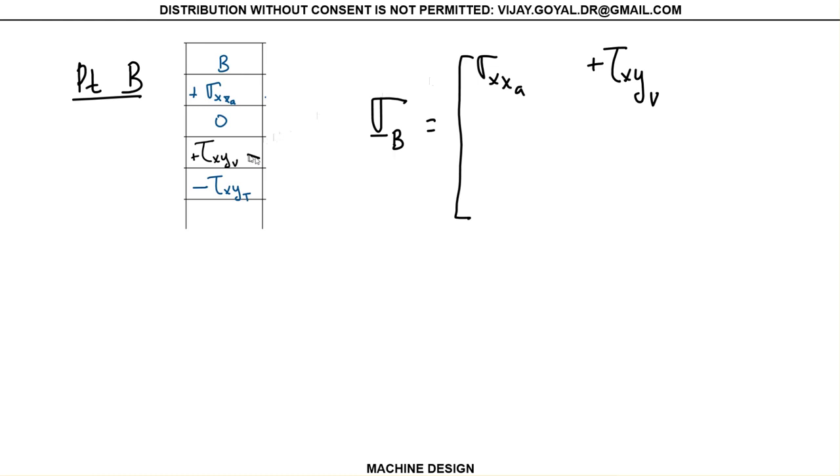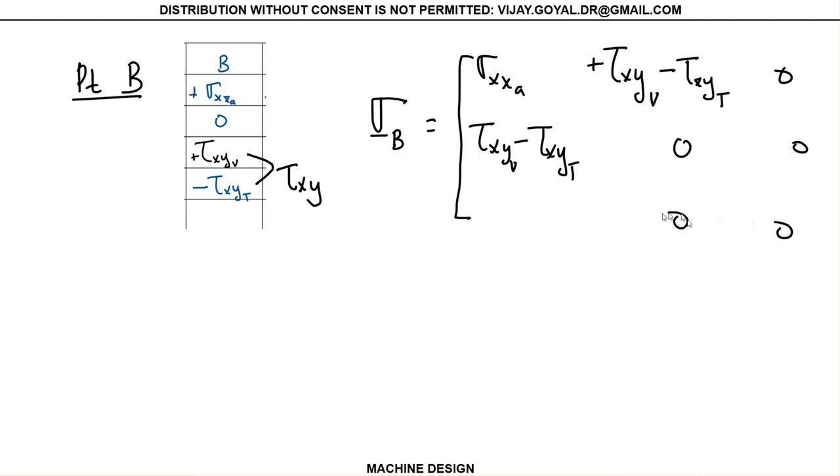Note that these are y, right? So these tau xy get added up. So it's minus tau xy torque, tau xy due to shear load minus tau xy due to torque, and everything else is 0.